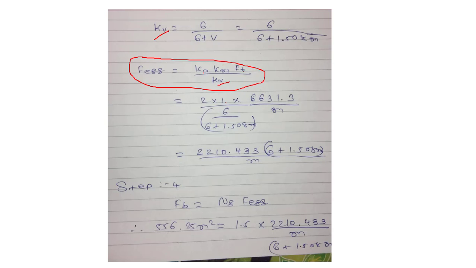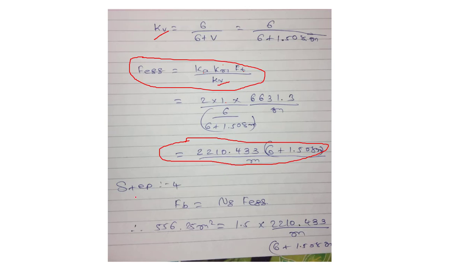So by default we are using Kv is equal to 6 upon 6 plus V. We have value of V, it is 1.508 into module. So putting all these values in the F effective equation, we will find this huge equation in m terms.